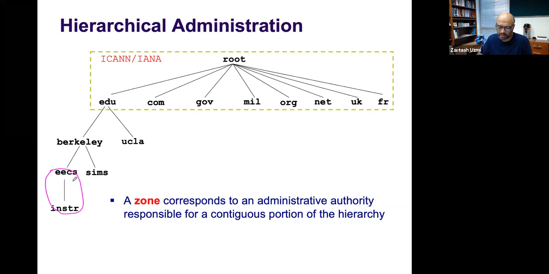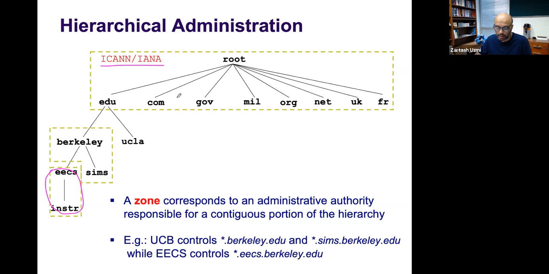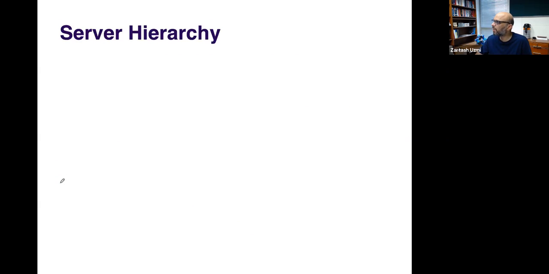So very open to flexibility. Okay, so the TLDs and the root servers are managed by numbering agencies called ICANN and IANA. Similarly, Berkeley will handle Berkeley and everything under that, and EECS might have a separate administration.